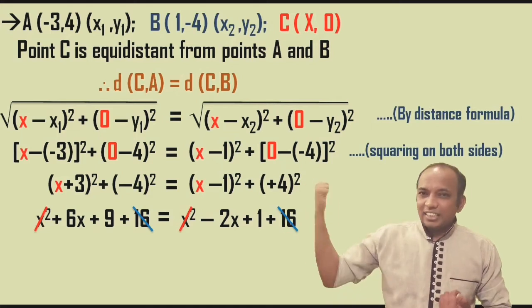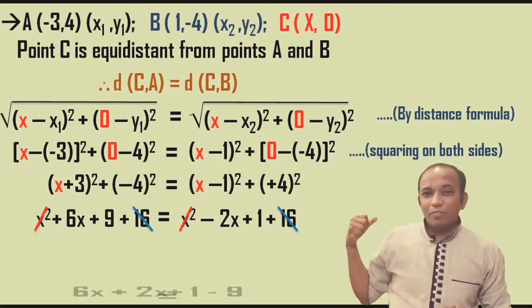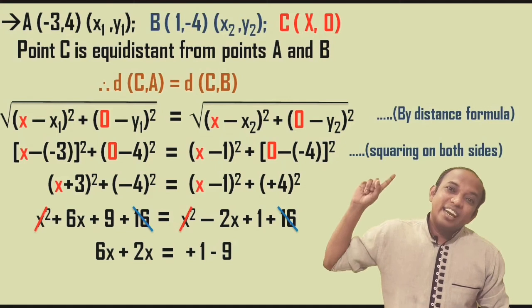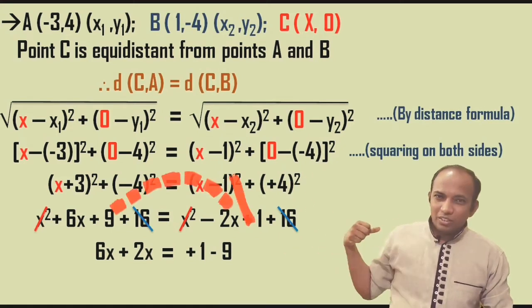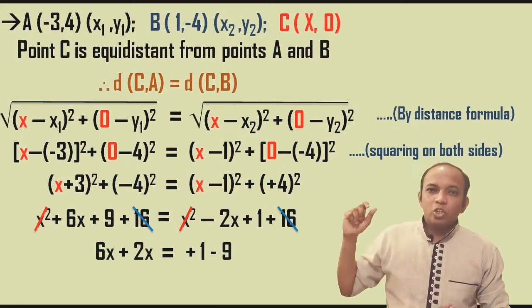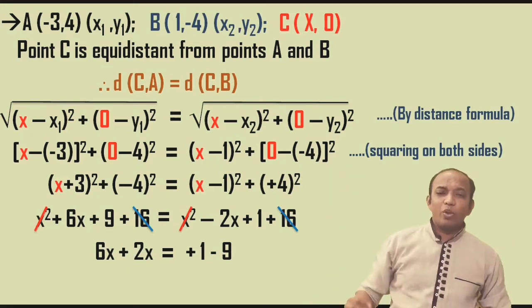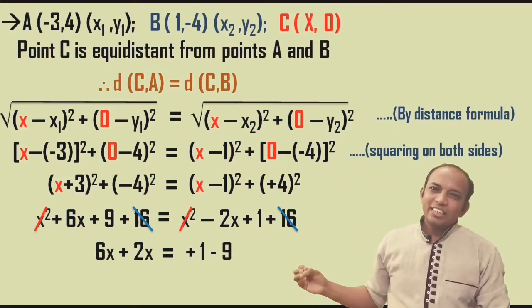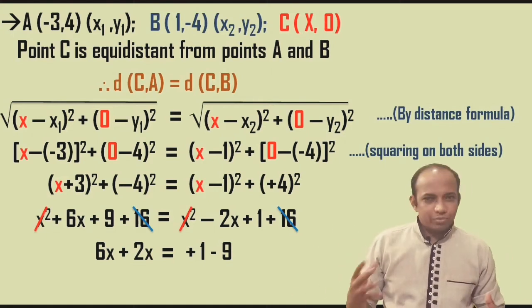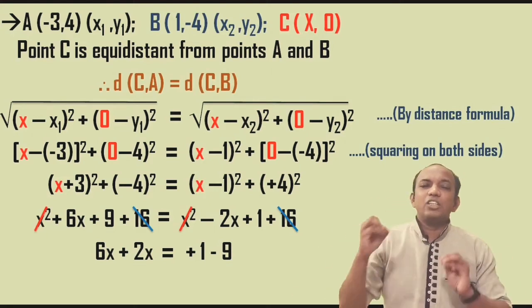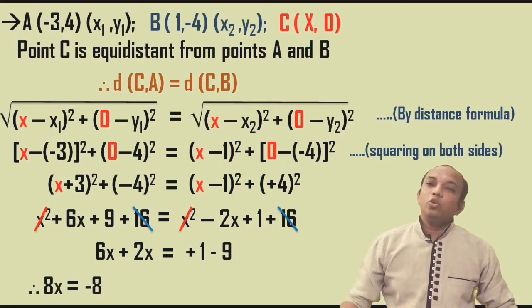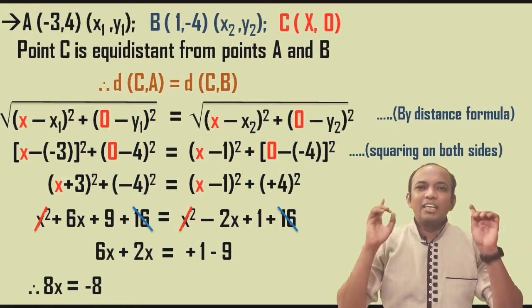So we get 6x plus 2x, and from the 6x side 9 will be shifted to the other side, towards the 1. So we get plus 1 minus 9. In short we have 6x plus 2x equals plus 1 minus 9. The moment you carry out the operation mentioned there, we get 8x equal to negative 8. Integers rule, bigger number sign, don't forget that part.